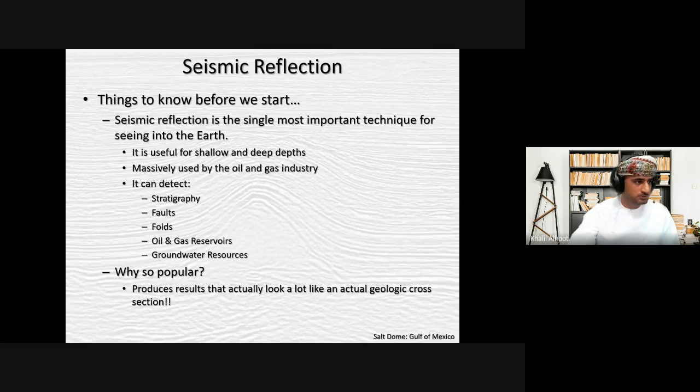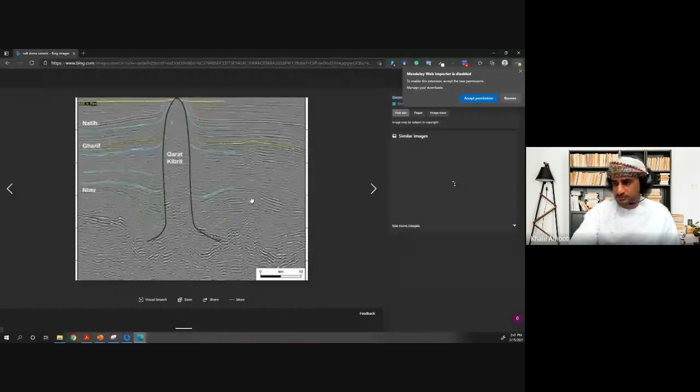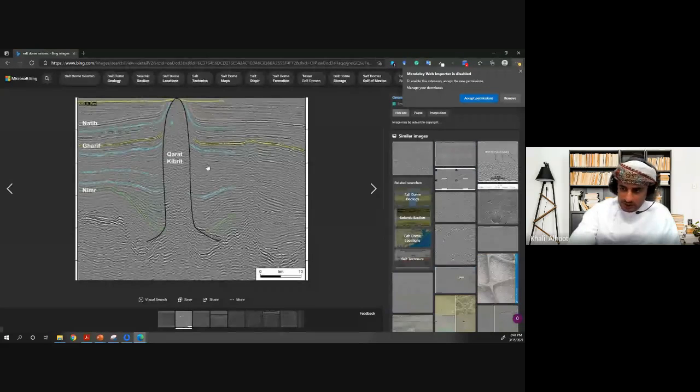Oh, images. So here, and by the way, this is Oman. Qarat Kibrit is in Oman. They go get the salt from there. It's on the surface, in some part of Oman. You get the salt on the surface, you go and test it, and you find it's very salty.